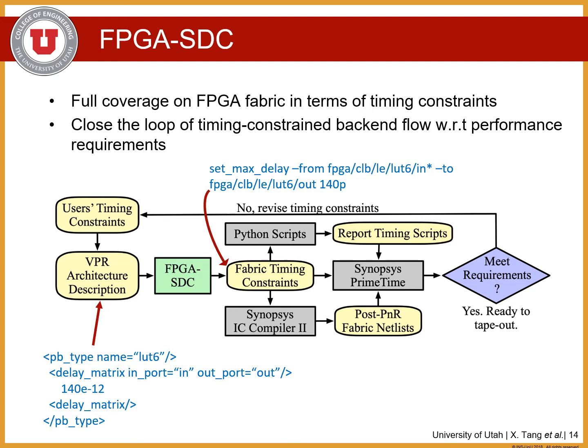Then you can use OpenFPGA to auto-generate SDC and constrain your backend tools, and automatically sign off your FPGA fabric to see if the timing constraints are correctly met or not. If not met, you just need to modify your FPGA architecture definition and then rerun the flow until all your timing constraints are met.